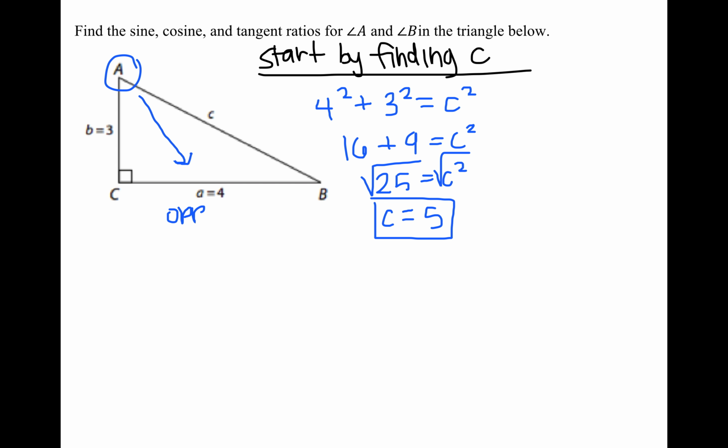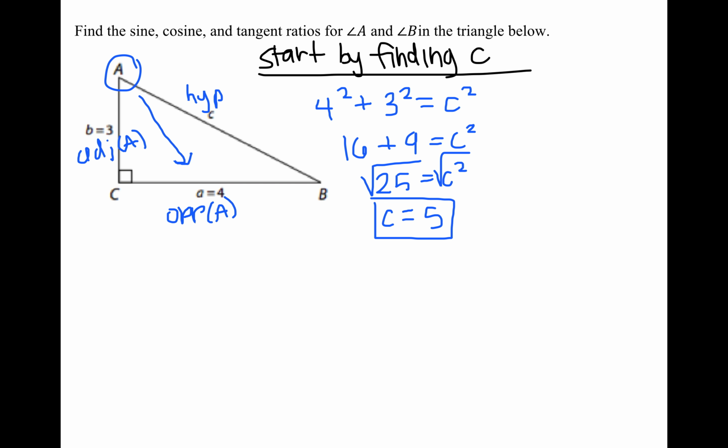The adjacent is the one that's next to A. And then hypotenuse is the longest side, or the side that is across from the right angle.